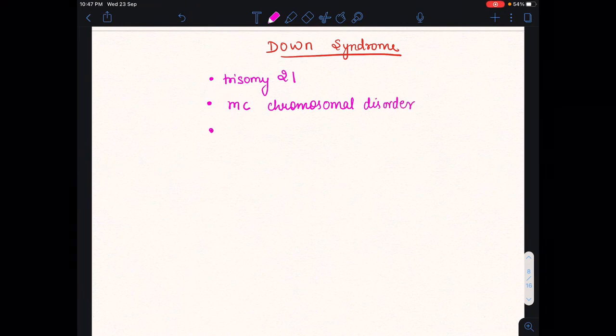And the third thing is that it is the most common genetic cause of mental retardation.